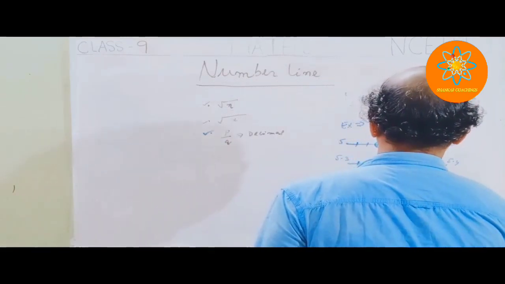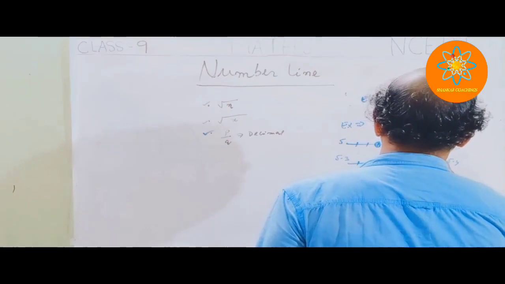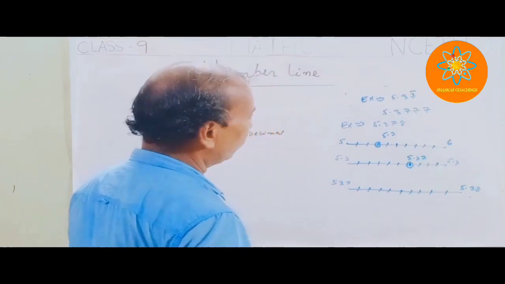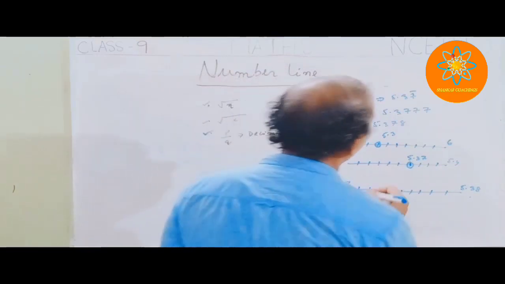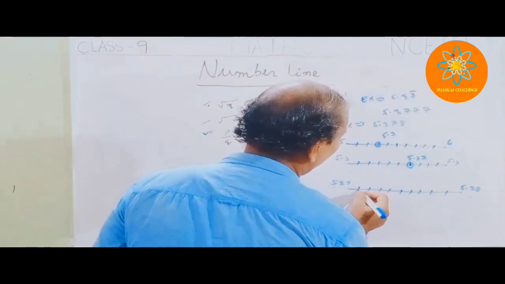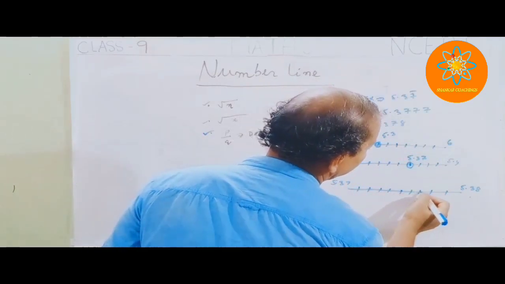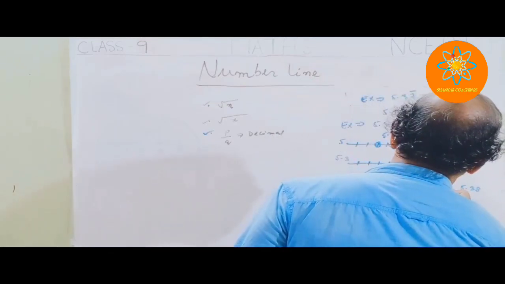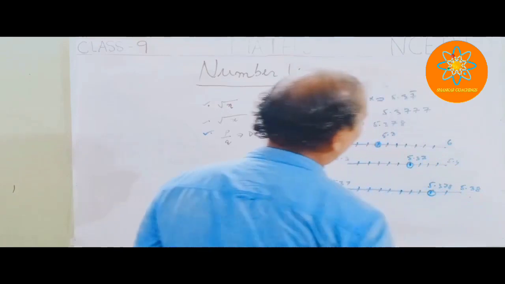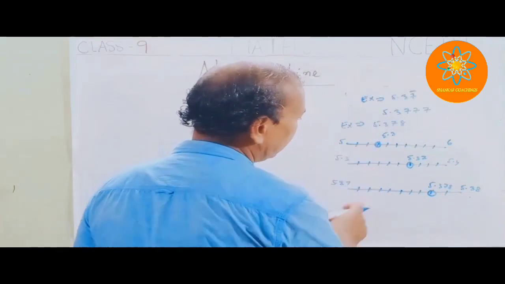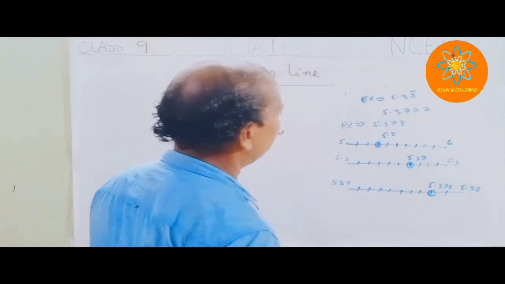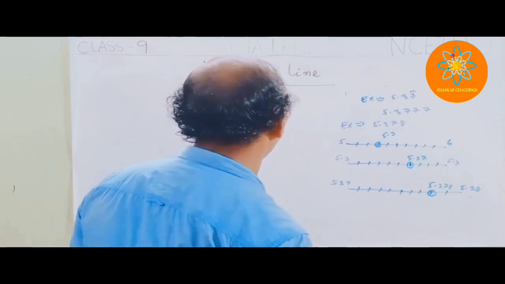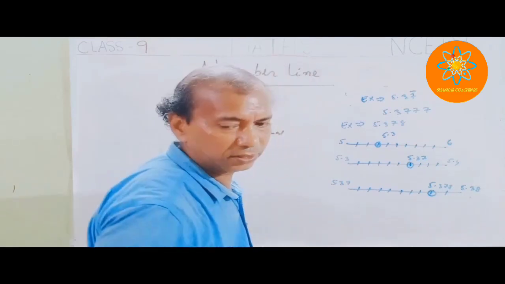So this is nothing but 5.37. Now the next one is how much? 5.38. 5.378. So 1, 2, 3, 4, 5, 6, 7, 8. So this point is your 5.378. So we are representing it one by one. Sometimes it is called the successive magnification method. So this is all about number line and representation.